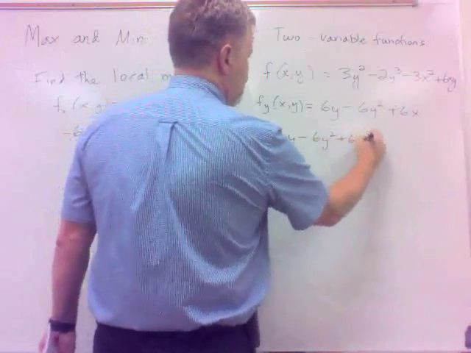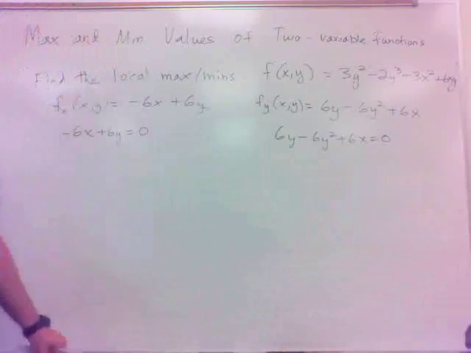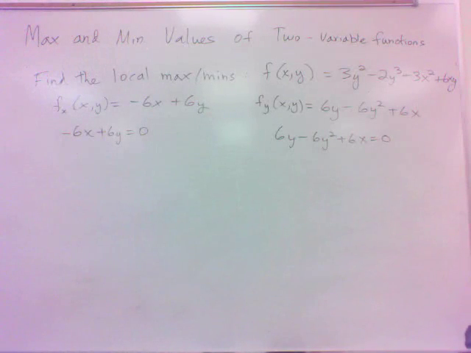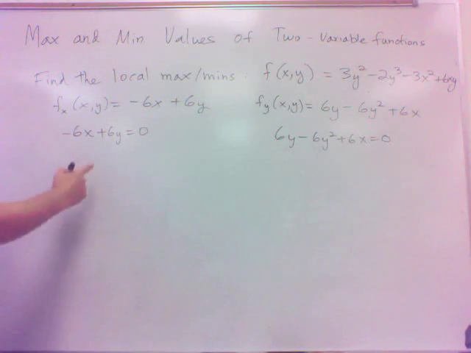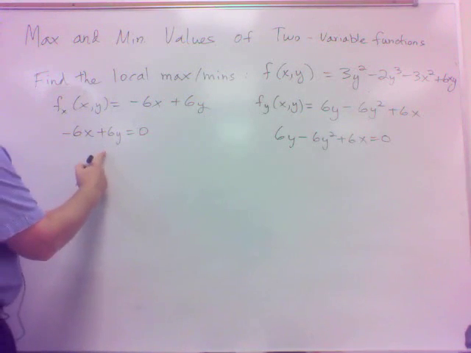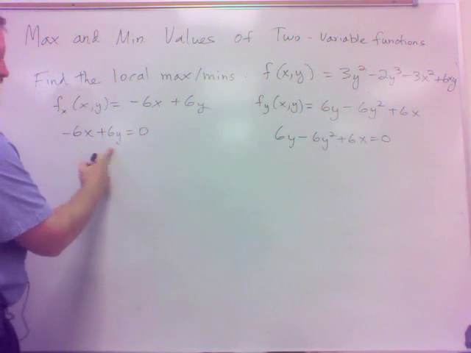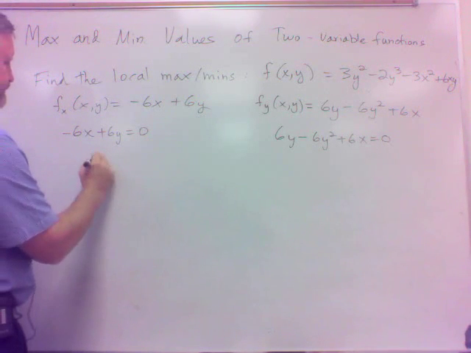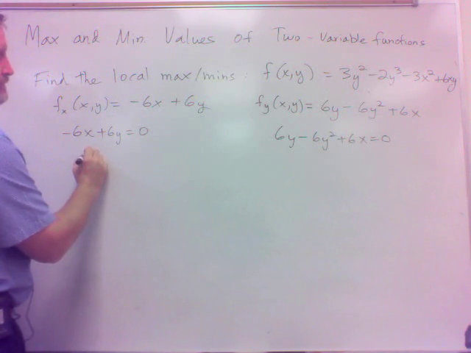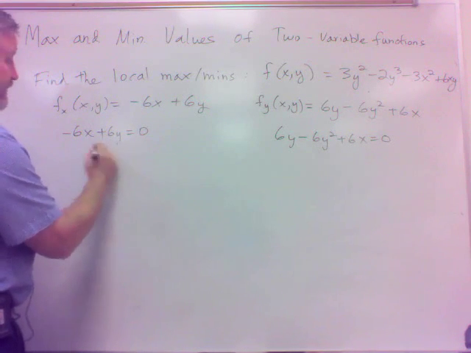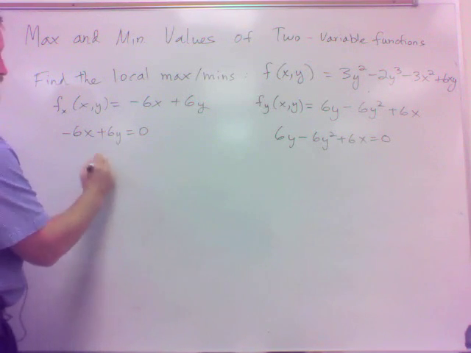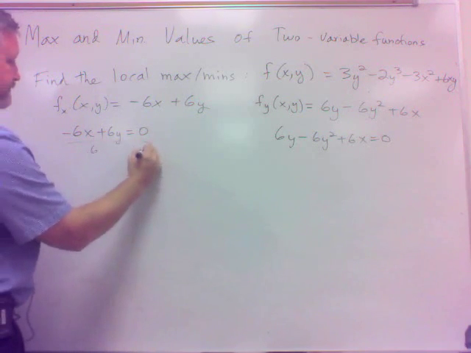And so it's just a system, right? But it's not too terribly bad, is it? Because we've got 6x in both of them, so you solve for x or 6x, whatever. Divide both sides by 6, yeah, sure.